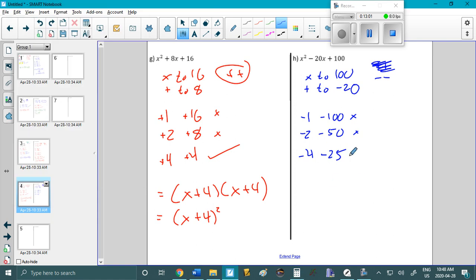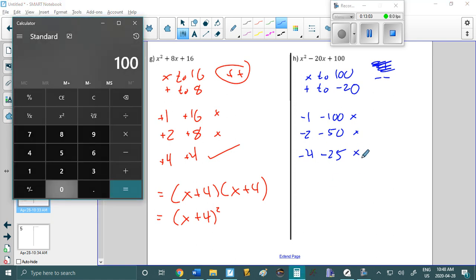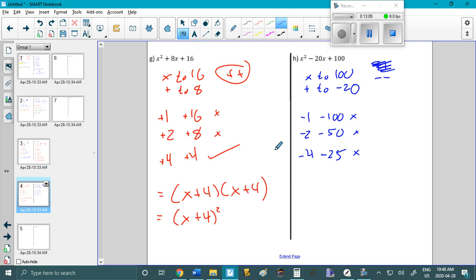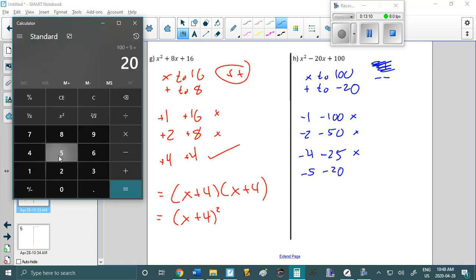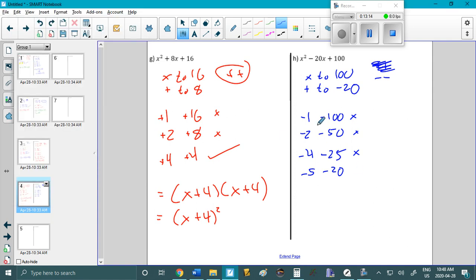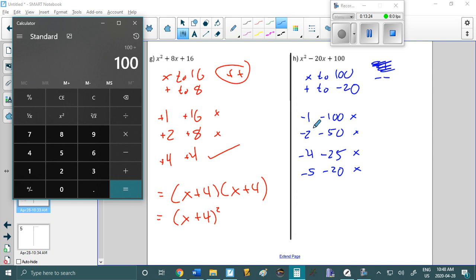No, we're getting closer. So 100 divided by 5 is 20. So I know they're both negative. Negative 5 minus 20. So let's try that. Negative 5 minus 20 is negative 25. Well, that doesn't work. Okay, so I keep going. 100 divided by 6 doesn't work. 100 divided by 7 doesn't work. Sorry, check 8.